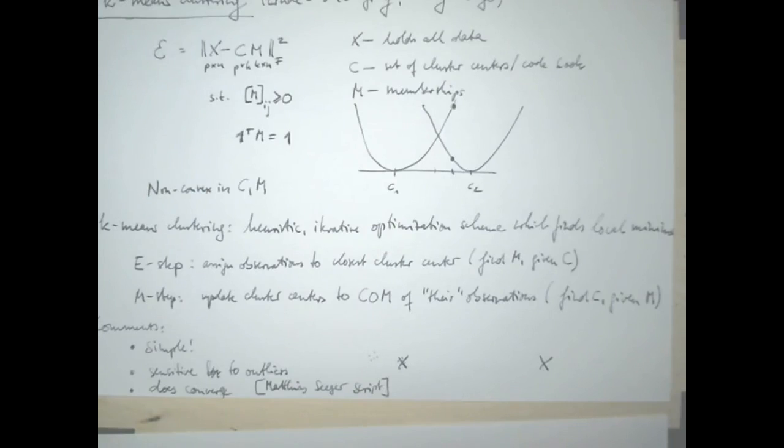So you could also initialize them randomly somewhere in the hypercube, but if you do that, then it may happen that some of the cluster centers have no members at all, and you run into numerical problems and so on. So the most typical thing is to initialize them at some of the observations.